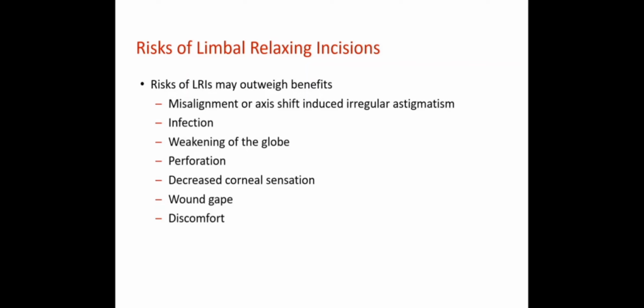Non-surgical ways, of course, you have the use of spectacles. Spectacles can correct your regular kind of astigmatism, but not irregular astigmatism. Soft contact lenses will also be able to correct regular astigmatism. For irregular astigmatism, you won't be able to use soft lenses or spectacles to correct it, so you need to use a hard contact lens.